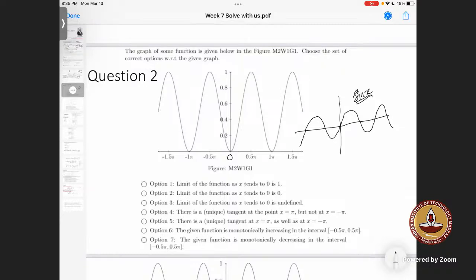Meanwhile, I had a certain query. May I? Yeah. I just wanted to ask, are we done with the topic that the function converges and diverges?